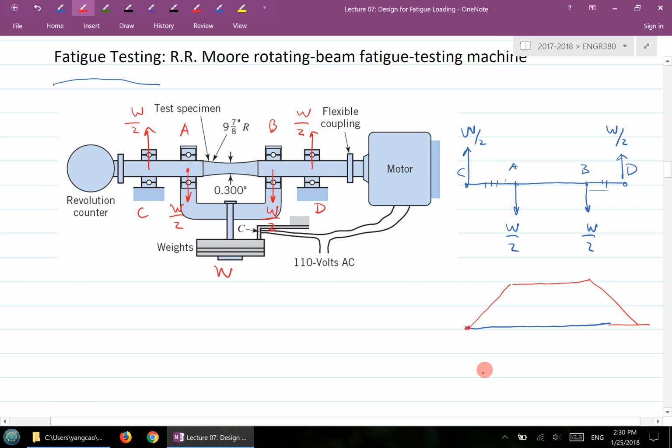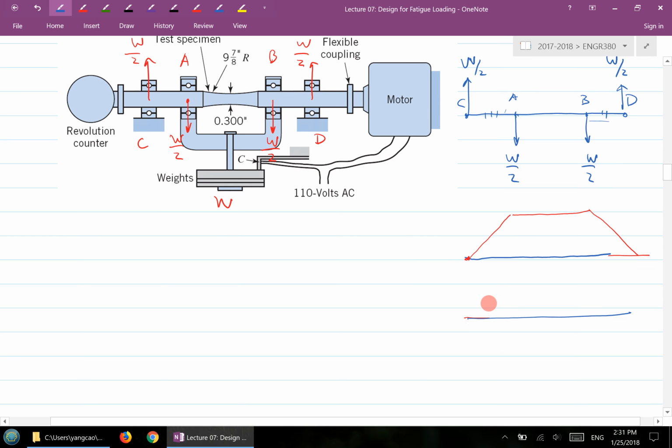And if you draw the shear force diagram, you will see the shear force is positive, maybe negative here, and it goes to 0, up to here, and here. So this is your moment, and this is your shear force.